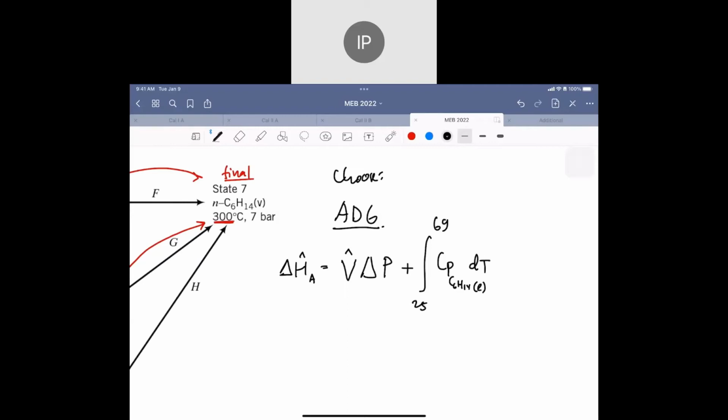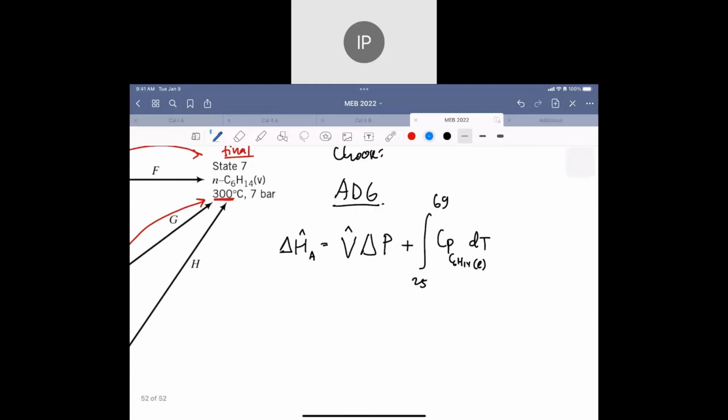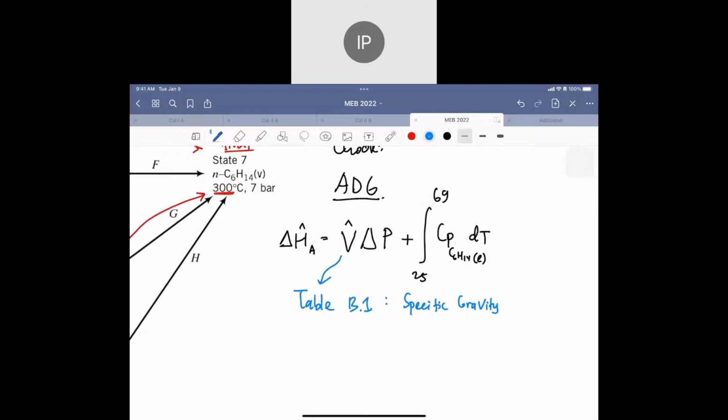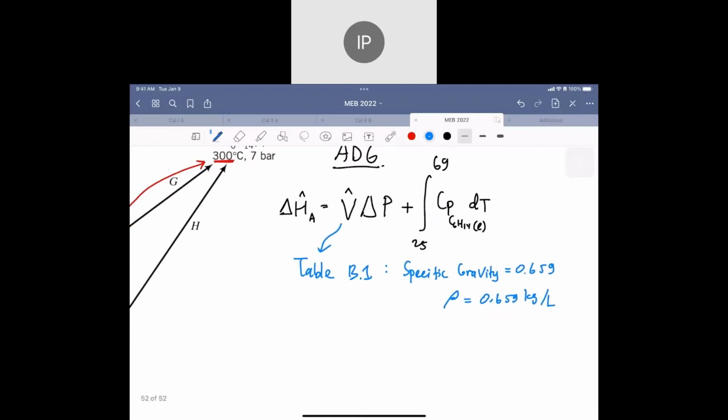I think you could just go through some tables. We could check table B1, which is for the specific volume. We could check the specific gravity of hexane, which is 0.659, so we take that as our density. And then table B2 for our CP.